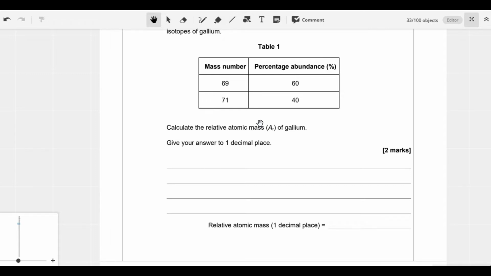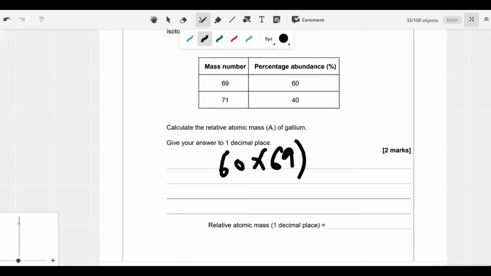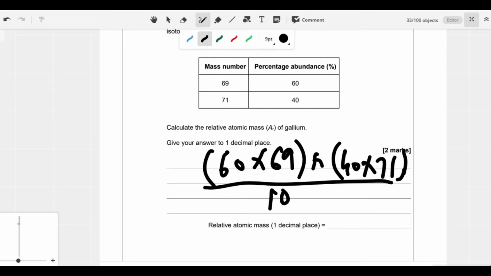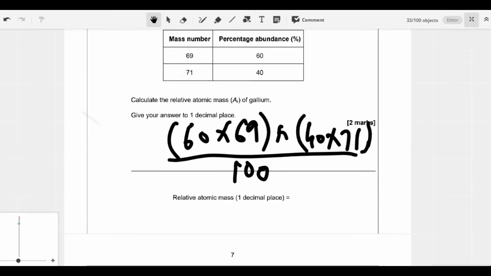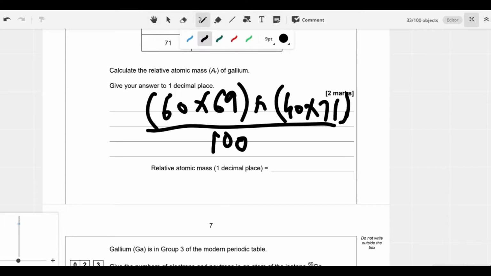Here it is 60 times 69 plus 40 times 71, divided by 100, and when you calculate this the answer is 69.8.